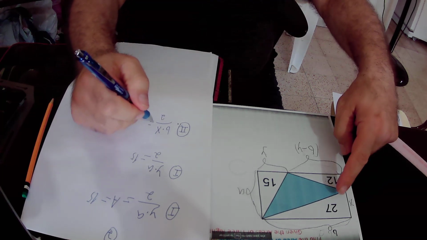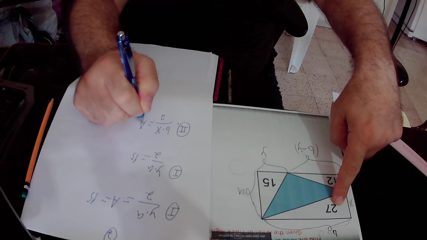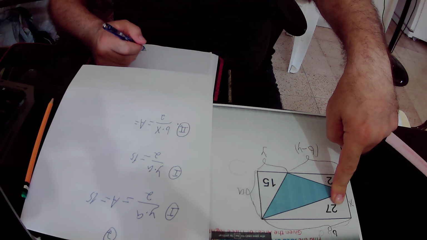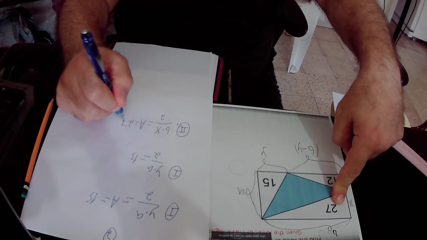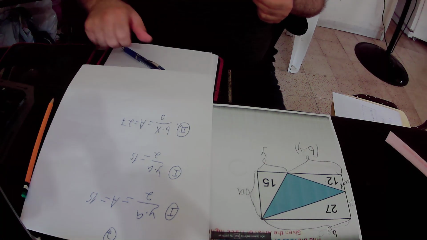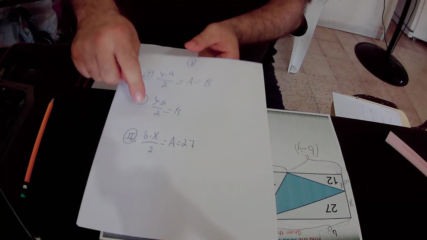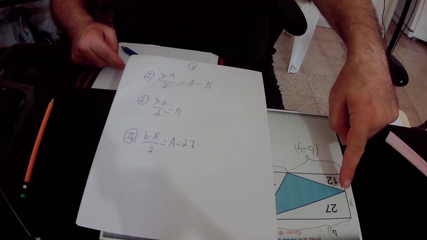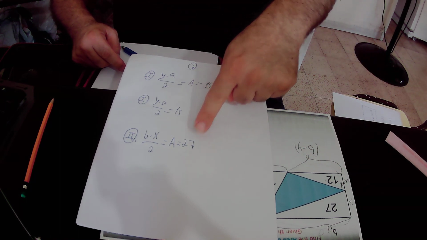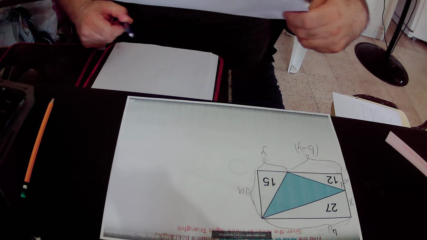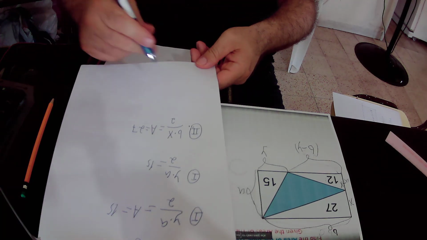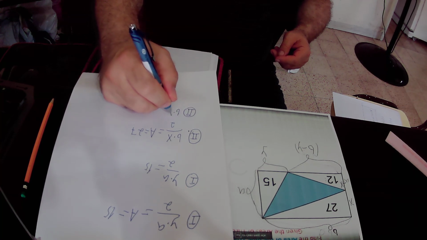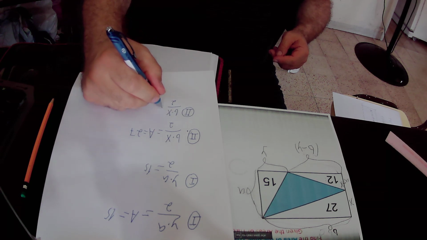So that is the area of this triangle, and we know that the area equals 27. So we got that b times x divided by 2 is the area of this triangle, and we know that the area is 27 units, so we can write it again: b times x divided by 2 equals 27.